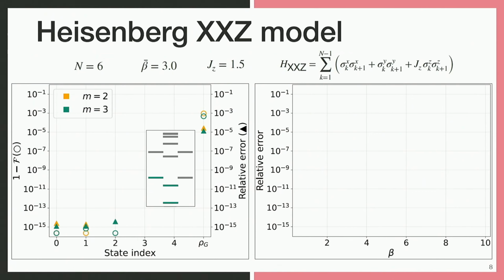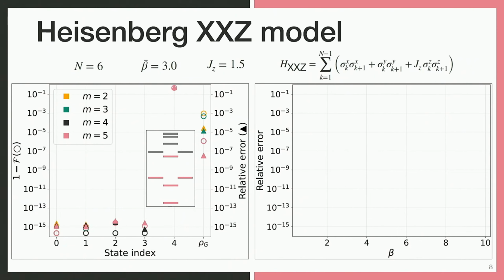And then that's what it looks like for m equals 3. You see an improvement as expected. Same for m equals 4. And then for m equals 5, it actually misses preparing the last excited state, but you see that the thermal state still has very high quality. So this means that at this temperature, this state is not very important for the thermal state itself.